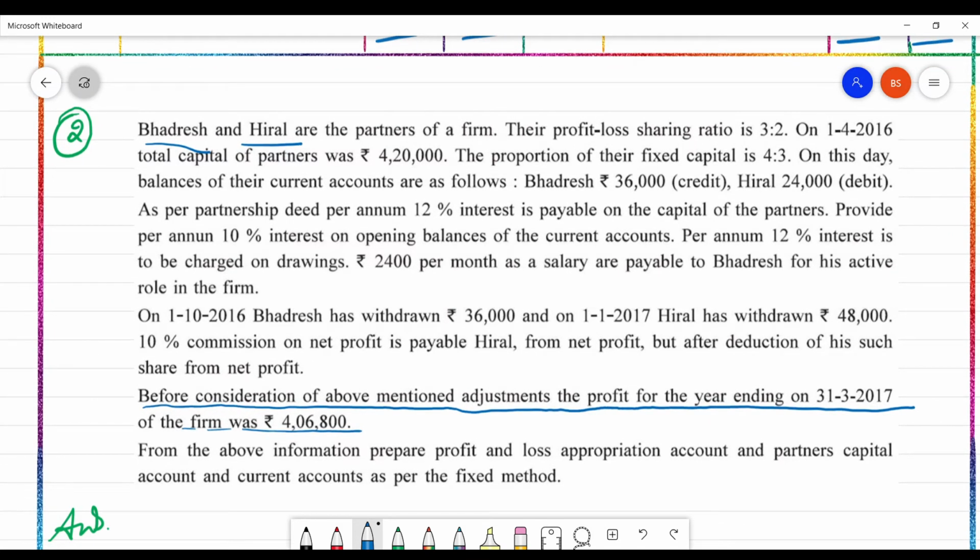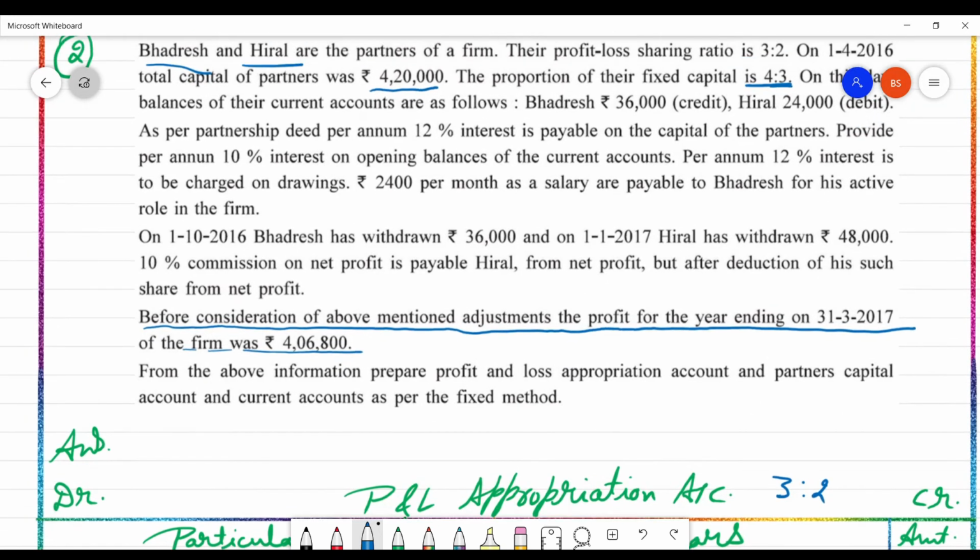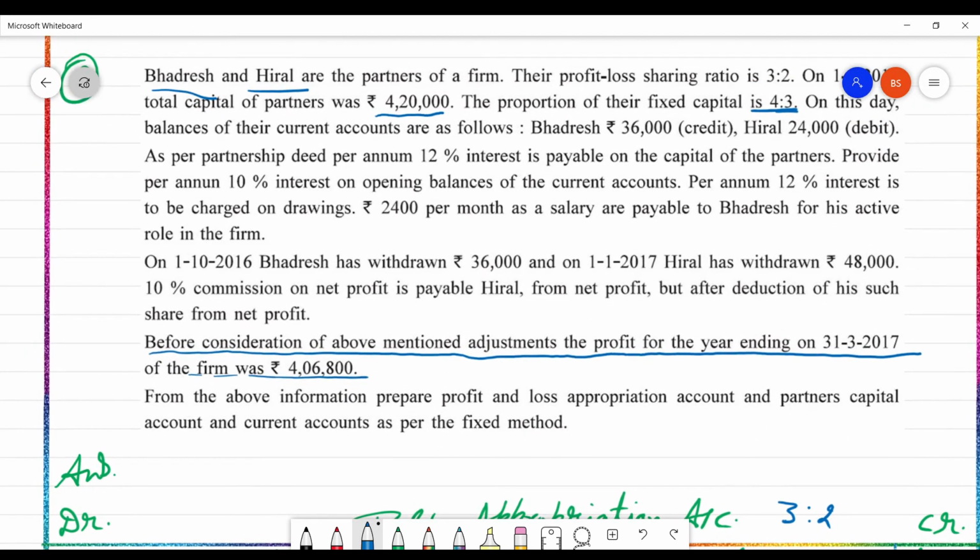Total capital of partners was rupees 4,20,000 and the proportion of their fixed capital is 4:3. So we have to distribute 4,20,000 between Bhadresh and Hiral in the ratio of 4:3. So 4,20,000 into 4 divided by 7, it comes 2,40,000. And same way we have to find out Hiral's capital balance, so it comes 1,80,000.